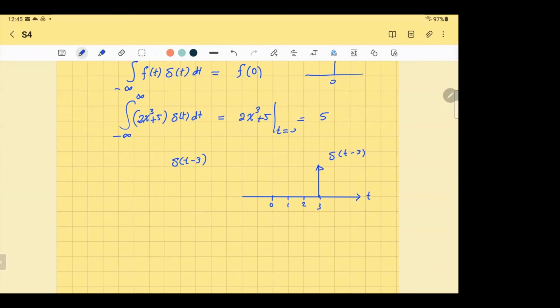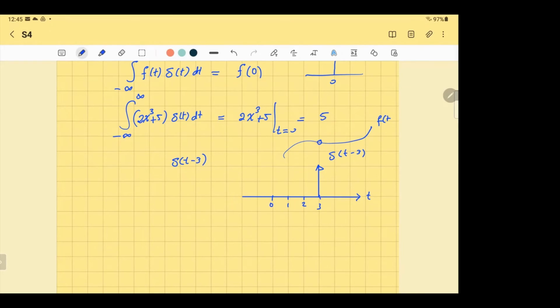But what about if you multiply it by a function f of t? If you have a function f of t and you multiply this function by this impulse, what will you get? You get the value of the function at this point, at t equals 3. That's right.